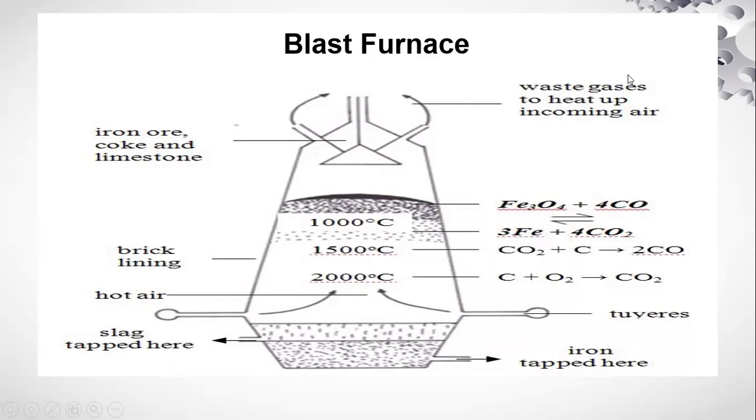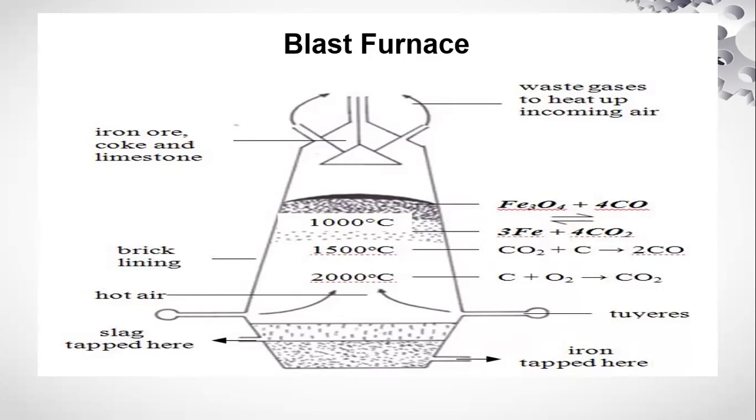The waste gases used to heat up incoming air are extracted here. I hope it's clear. So in the structure of this blast furnace, there's brick lining here, hot air introduced, slag that is tapped out from here, and the iron tapped here. So that's how this blast furnace works.